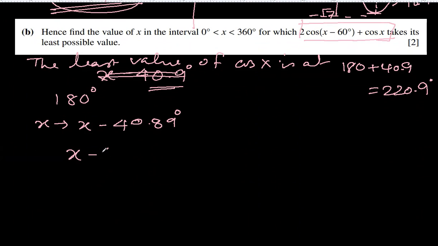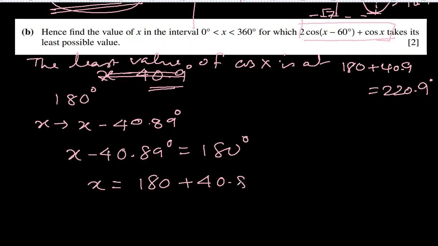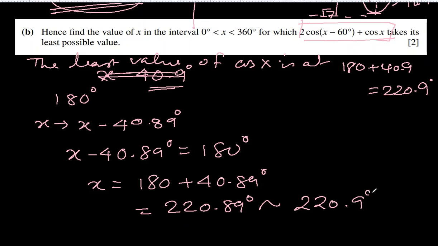In that case, x minus 40.89 degrees becomes 180 degrees, and x will be 180 plus 40.89 degrees, which is 220.89 degrees. They've not given how many decimal places, so we can round it off to 220.9 degrees. This is the place where it takes its least value.